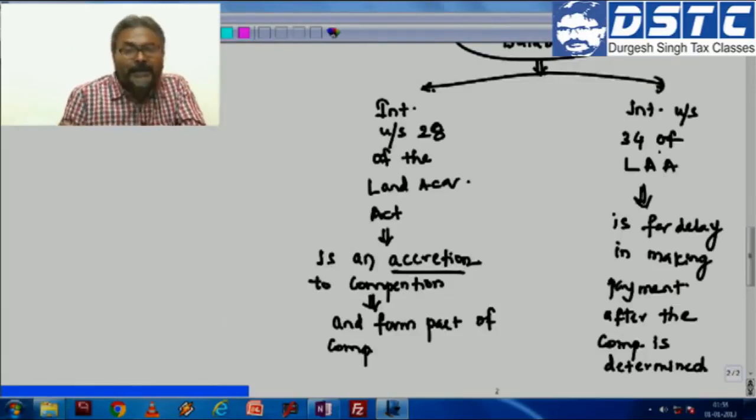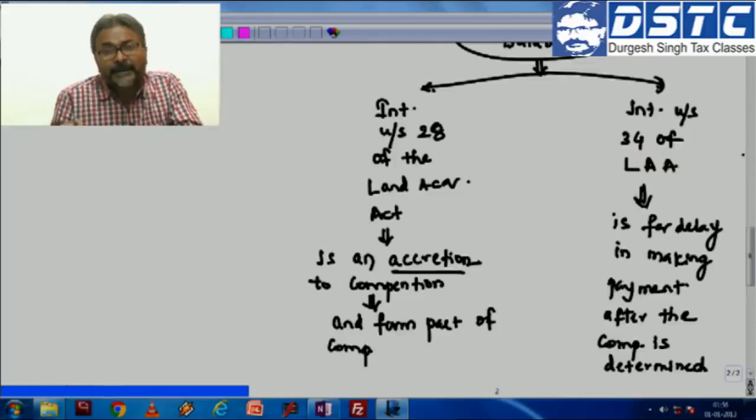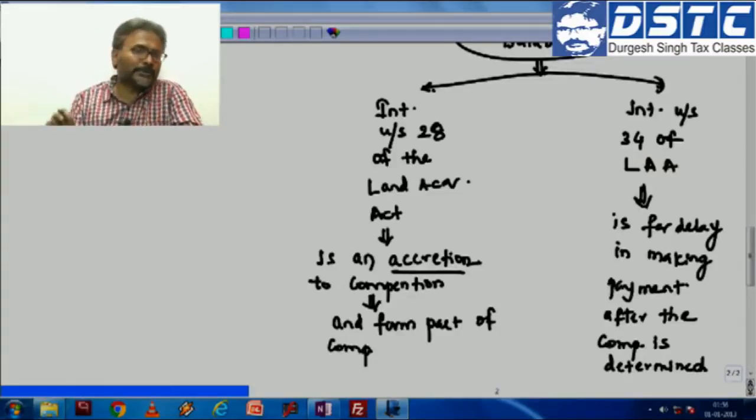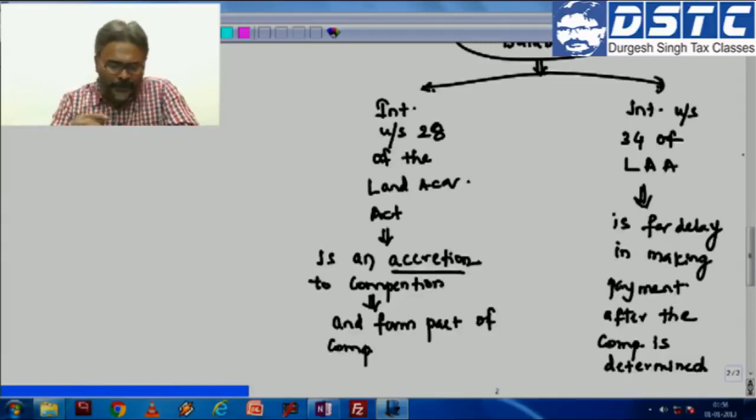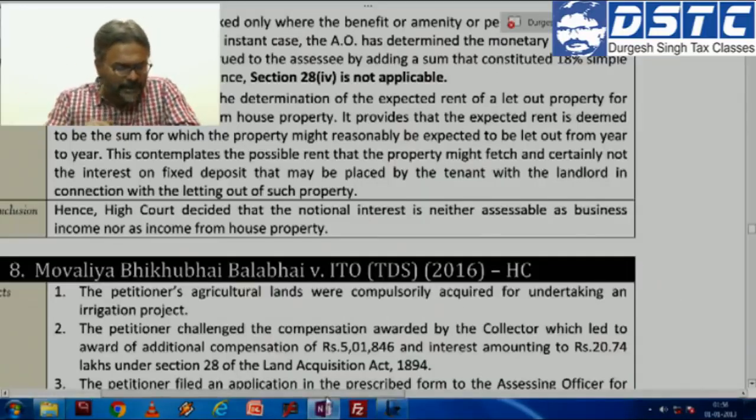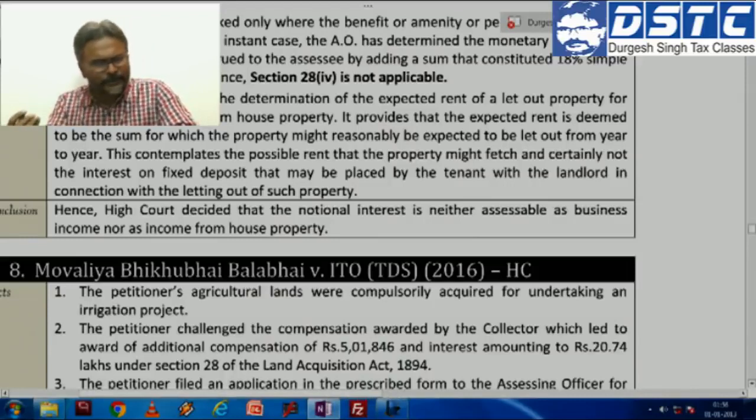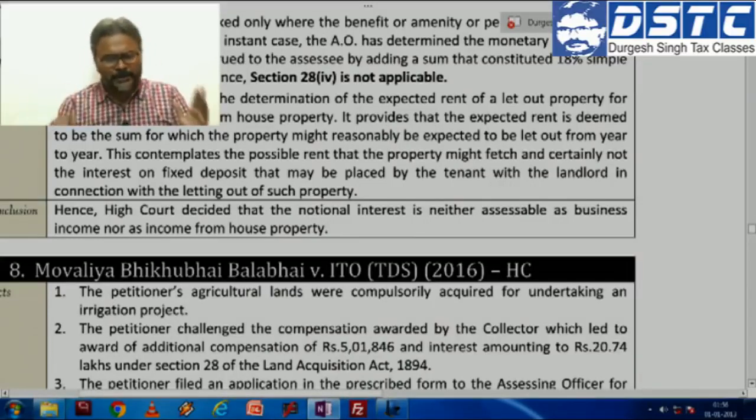Whereas if it was section 34 interest, then indeed this interest is towards a delay in the payment after the compensation is determined. So on these 2 factual grounds, students, Mawaliya Bhikubai Balabhai versus ITO is the key judgment in this regard. I think this was the crux of the entire story. You just need to remember the two.